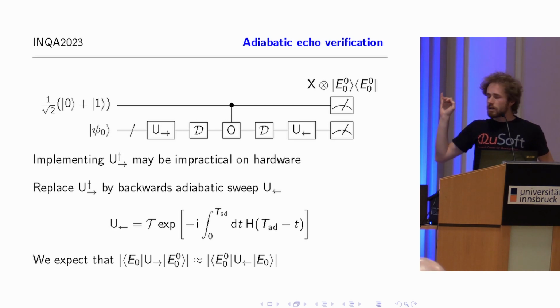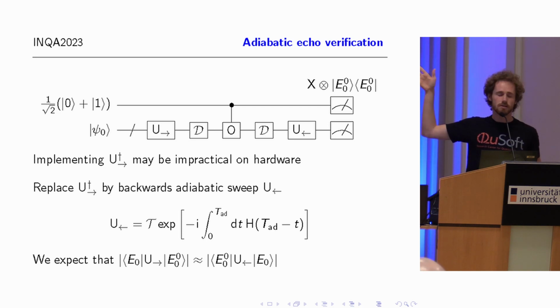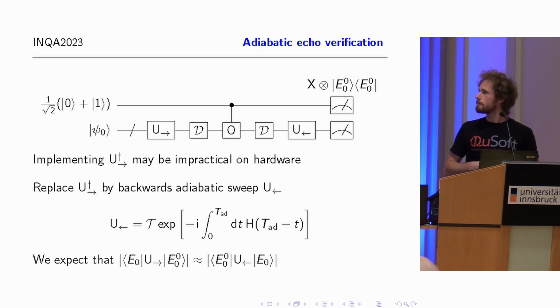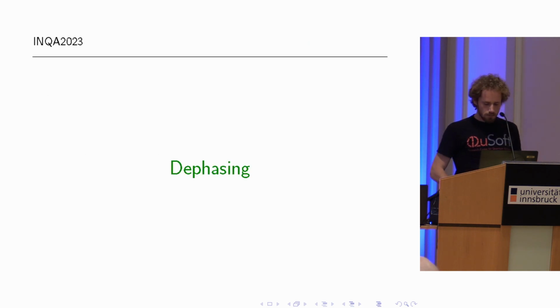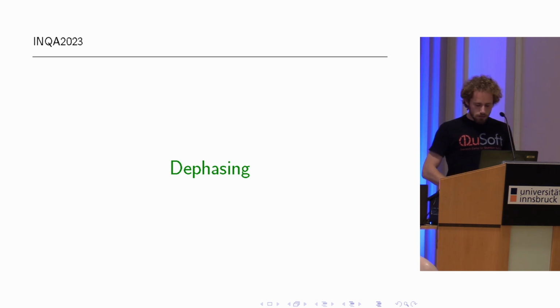Sorry, I forgot to mention what the observable is here. The observable that we're measuring is a reflection about the ground state, which means that it also doesn't have any couplings between the ground state and any excited states, so therefore we see only a quadratic improvement and not a quartic improvement, from square root of epsilon to epsilon squared. Okay?